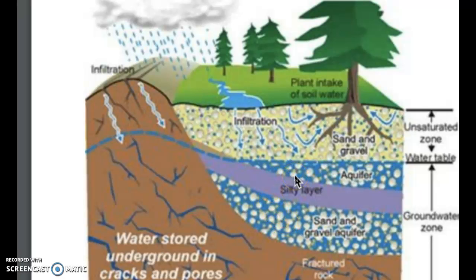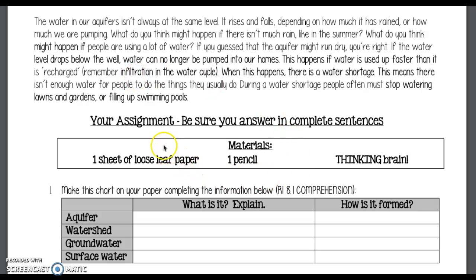All right, now let's move on and look at our guided practice for today. We are looking at what aquifer, watershed, groundwater, and surface water mean. Aquifers, as we know, are the places where water gets stored underground. How is it formed? It is formed when water seeps into the ground and gets between sand or gravel, or between pores and cracks in the rock layers.